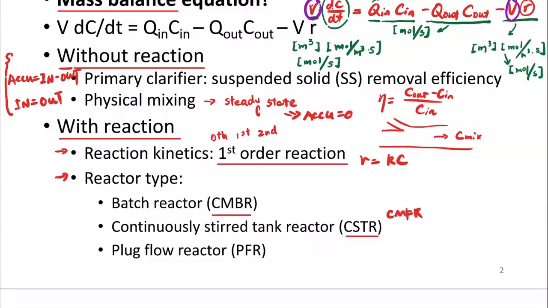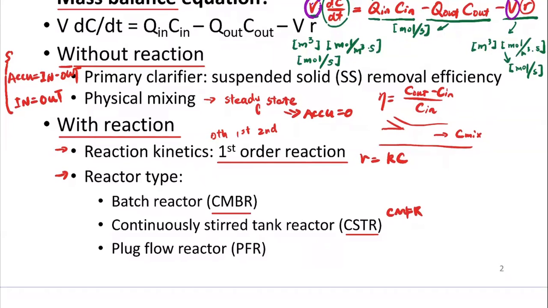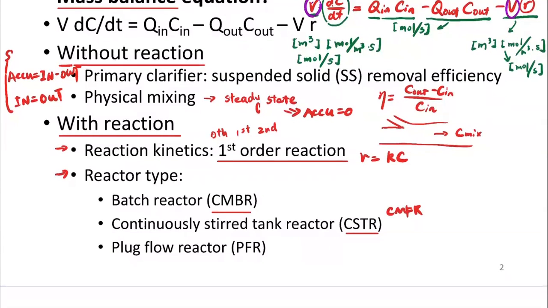The final one is the plug flow reactor, or the PFR. So these are the three major types of reactors, and we're going to practice them one by one. First we have to know how they are being operated. What are the major features of these reactors?